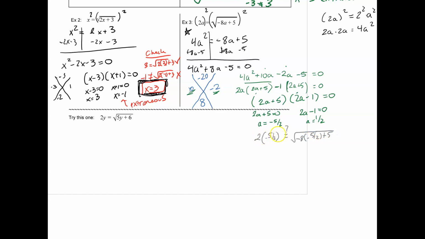Well, 2 times negative 5 halves is negative 5. 8 times 2.5 is 20 plus 5, so that's the square root of 25. Negative 5 is not equal to 5. Square root of 25 is 5. So negative 5 halves, negative 2.5, is extraneous.